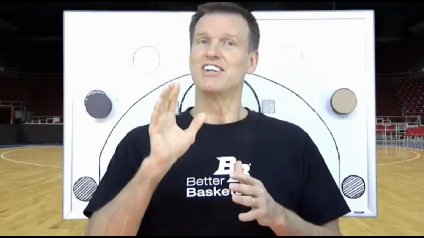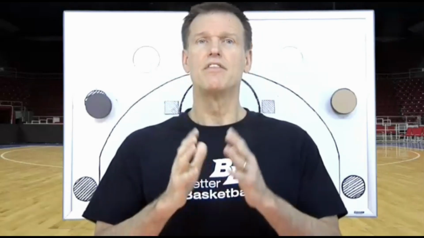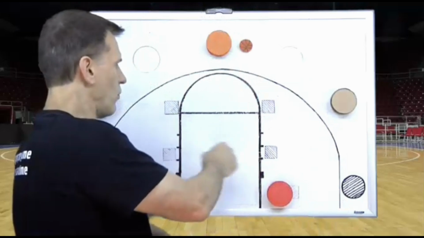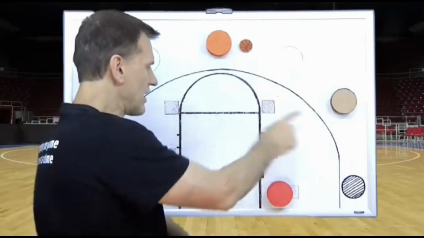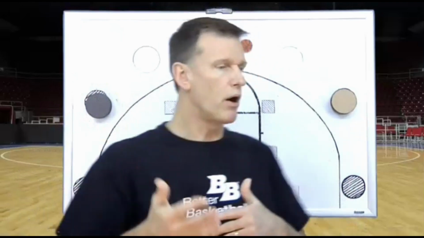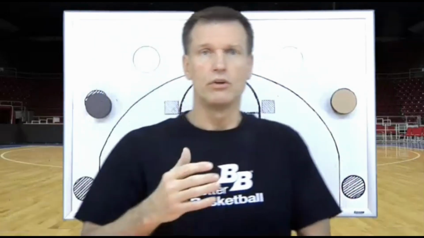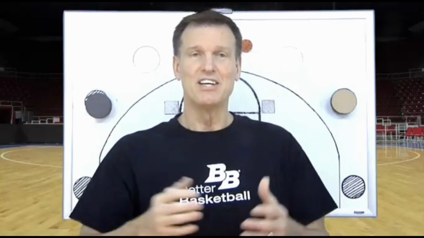Here's the message. This is how we play. This is how we attack zones. These are the areas that we cut to and pass to in order to try to get layups. We keep the ball out of high trapping areas like the corner. You send that message indirectly, just by where you're going and not going.